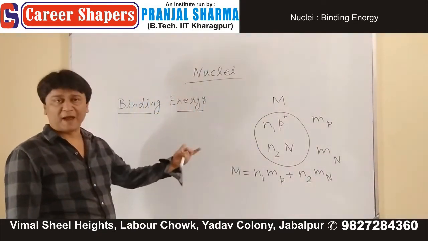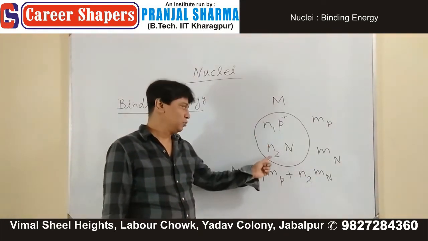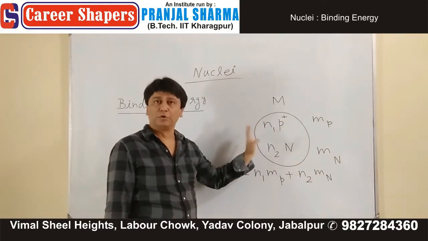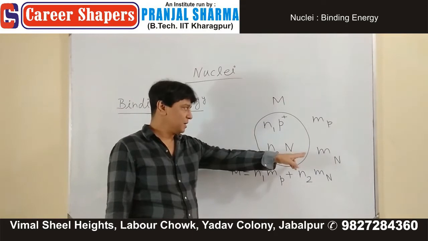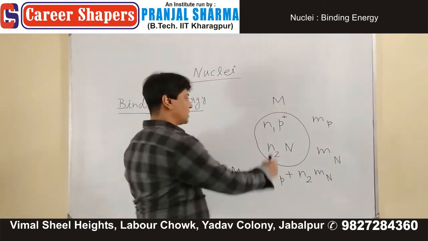That's what you would expect. Multiply N1 with Mp, that gives you total mass of protons. N2 multiplied by Mn, this gives you total mass of neutrons.